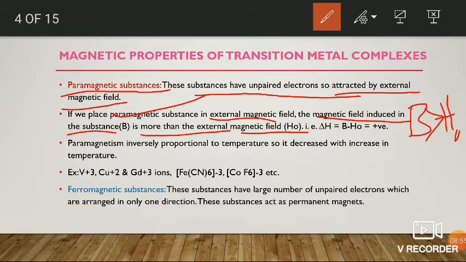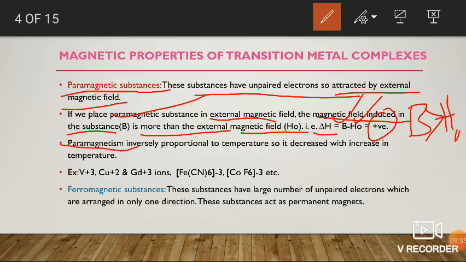But in the case of diamagnetic, B is always less than H0. So in the case of diamagnetic substances, the difference between the two field strengths is always negative. But in the case of paramagnetic substances, if you take the difference, that is delta H, it is always positive. That is, the difference between the induced magnetic field strength and the external magnetic field strength is always positive in the case of paramagnetic substances.